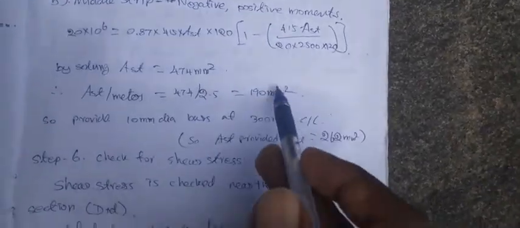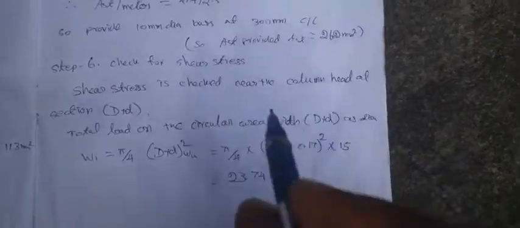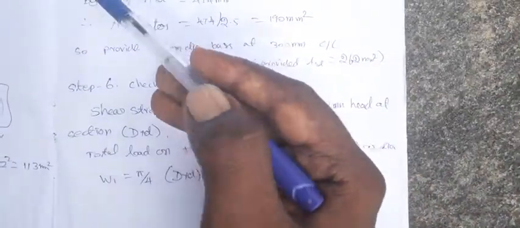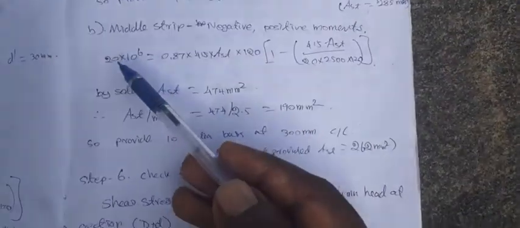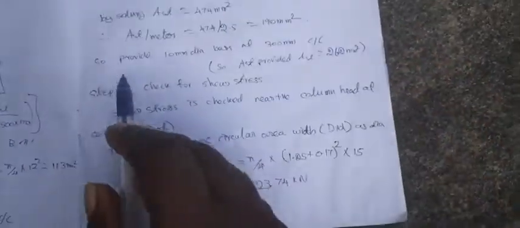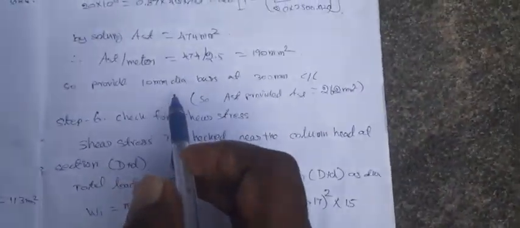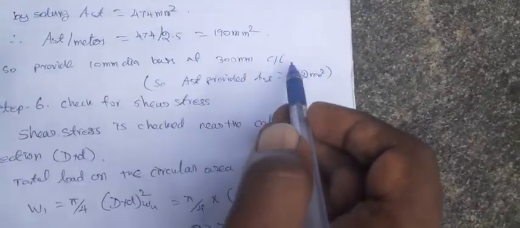So 190 mm square, we need to provide the reinforcement for the bottom face and also the top face, because the positive bending moment is 20 and the negative bending moment is also the same 20. So we should provide 190 mm square for both faces. I am choosing a 10 mm diameter bar, at a spacing of 300 mm center to center.